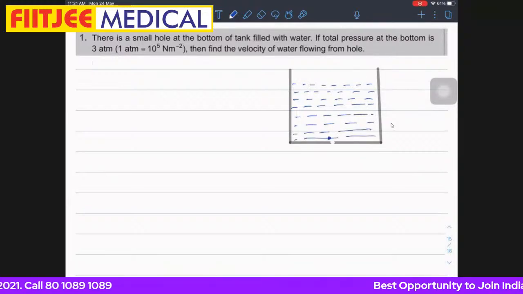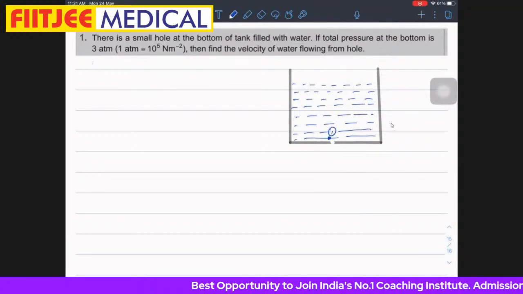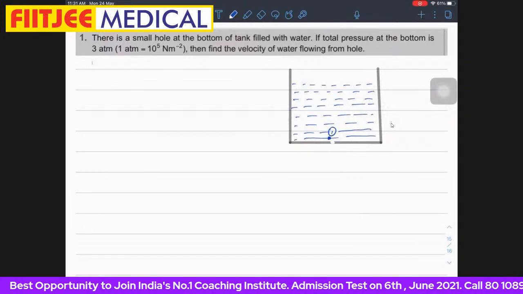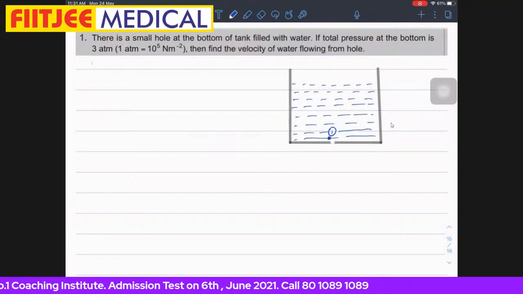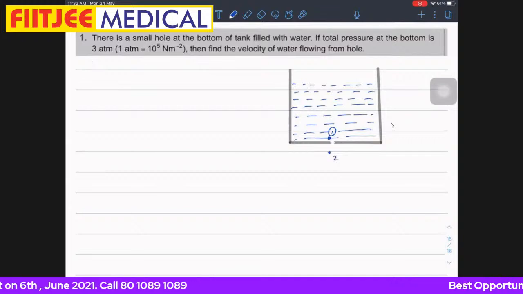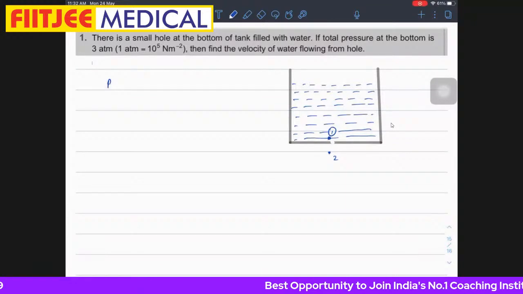So one point, whenever you have to write the Bernoulli's equation, you have to take two cross sections. So one cross section, one area I'm taking just above this, one is just outside. Just above this, there won't be any liquid flow, it won't be moving.